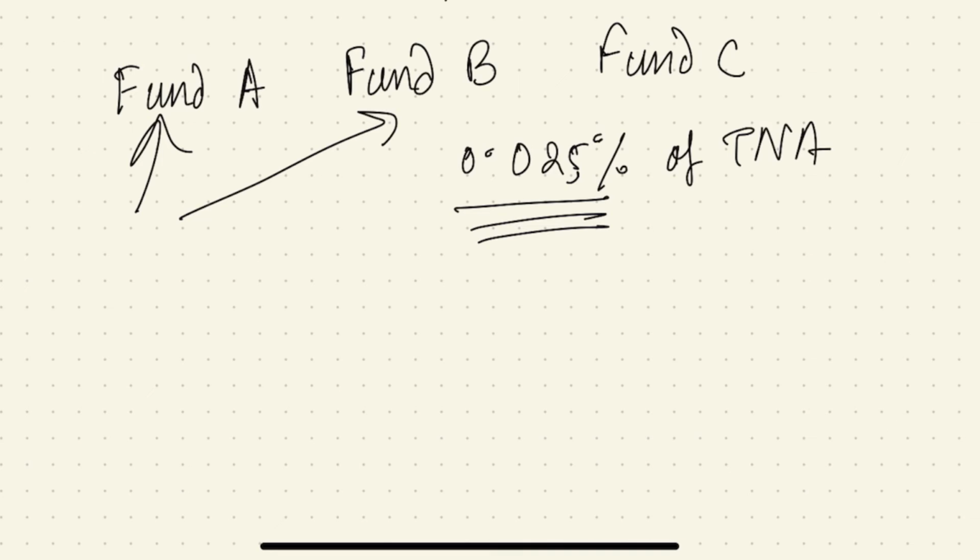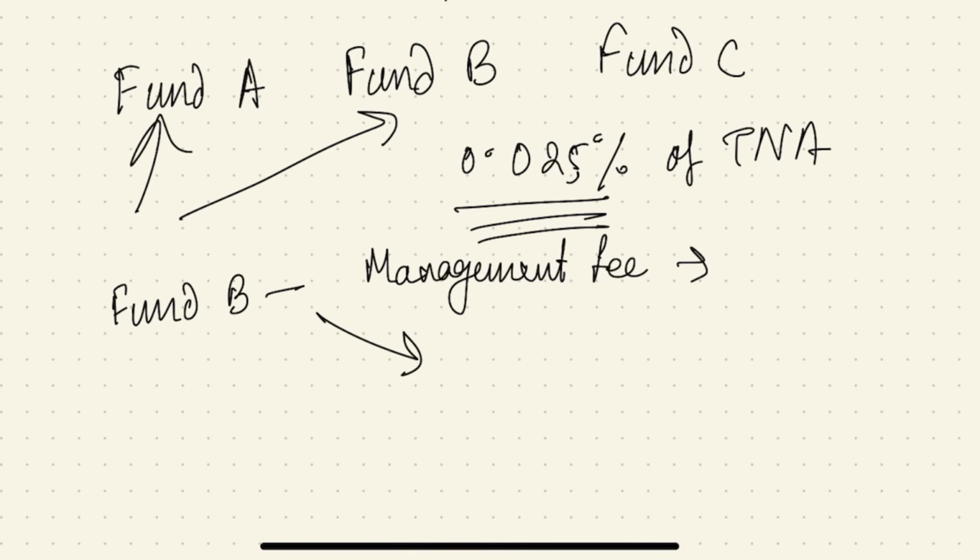But that is not going to show both the legs correctly. Always remember, you need to show all the aspects correctly. So you will have two lines in your fund B. One line will be your management fee, and another will be your management fee rebate.